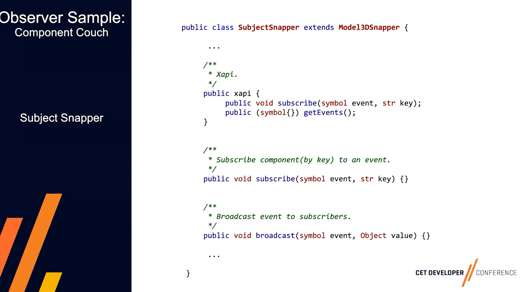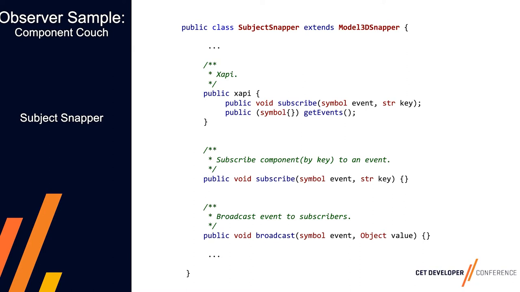You'll also notice that we expose these through XAPI, or the subscribe method specifically through XAPI. And for those here who haven't used XAPI before, at its most simple, it is just a way to call methods on an object without actually having to know the type of the object or whether or not it has that method in the first place.